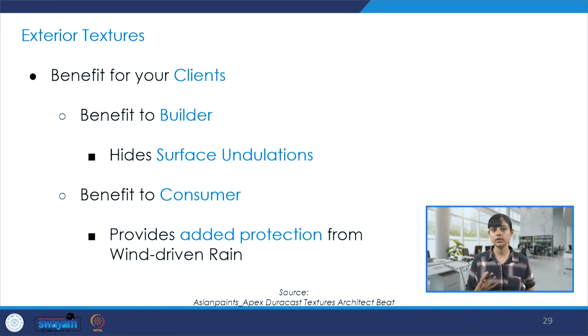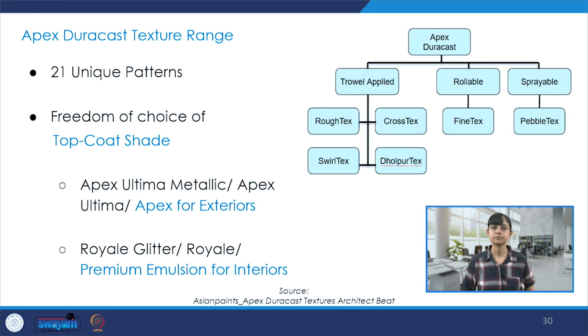All that we tried to understand, and we had an elaborate discussion on that. And how do the clients benefit from these textures? Not just providing a unique appearance or hiding surface undulations, they also provide added protection from weathering, and add life to your finishes.